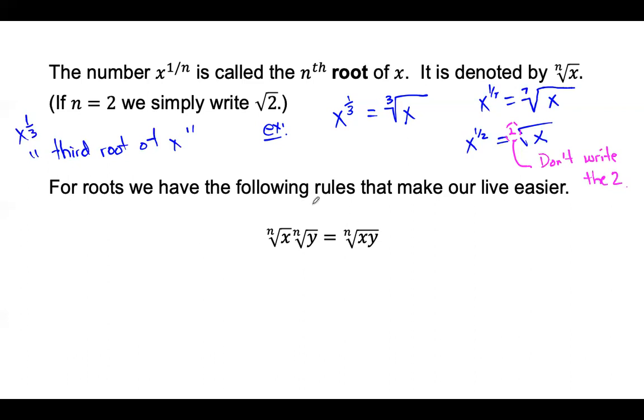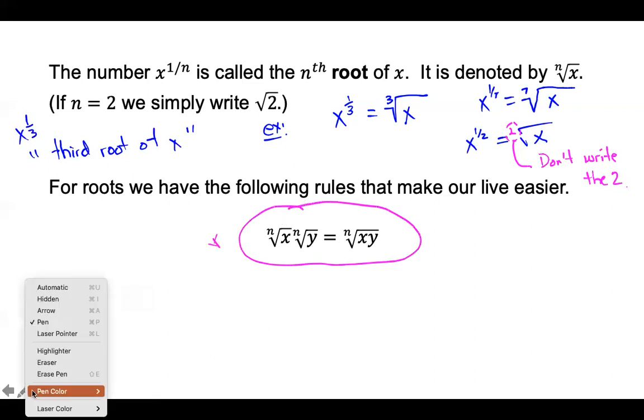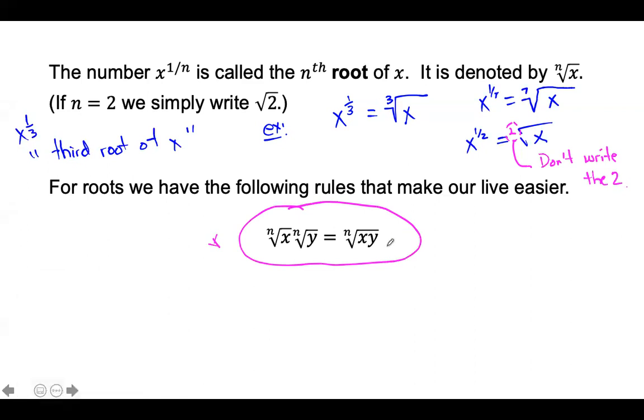So for roots, we have the following rules that make our lives essentially easier. So let's evaluate this using that rule. Our n here is 3.